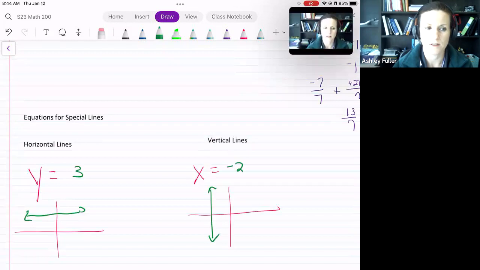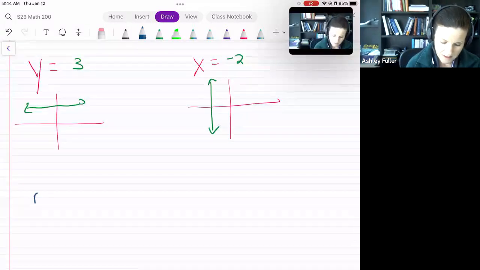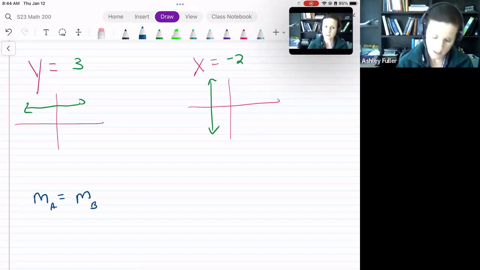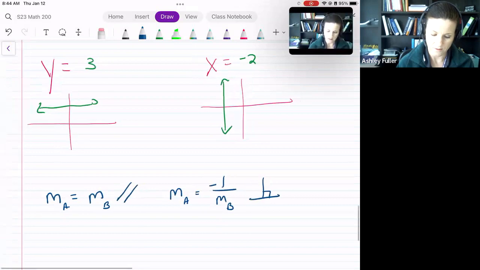The x value is always the same no matter what. And finally, please do remember that for parallel lines, the slopes are going to be equivalent. For perpendicular lines, the slope will be the negative reciprocal. This is for parallel, and this is for perpendicular.